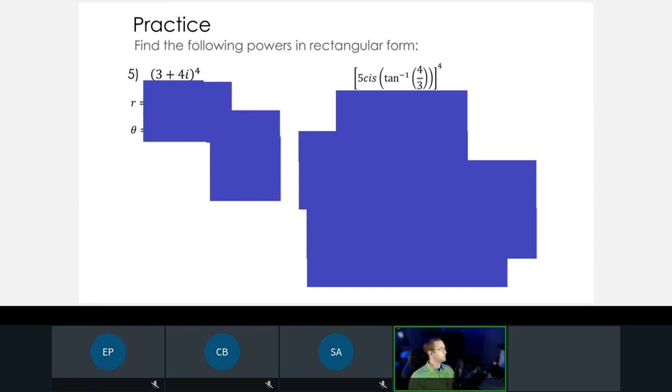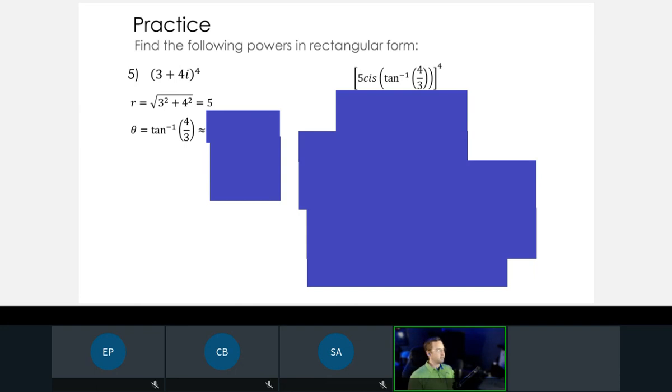Yep, that's what we do. And that's how we get 5. And then how do we find the angle, theta? Arctan of b over a. Yep. So that looks like this.